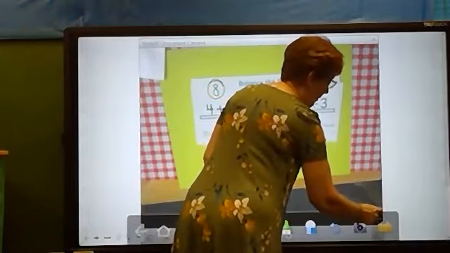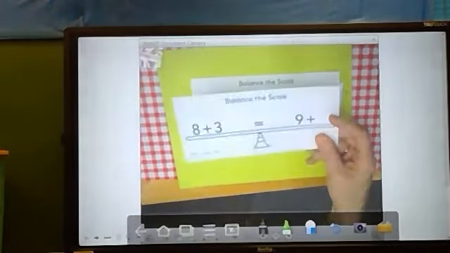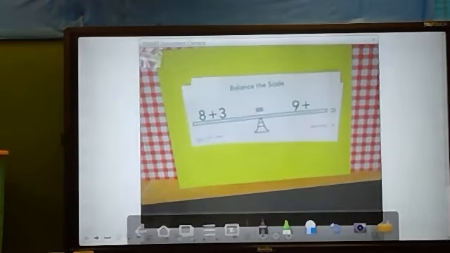And we're going to try one more together. Okay, and this is the last one we're going to do together. All righty. Oh, this one's tricky. All right, go ahead and see if you can figure it out.